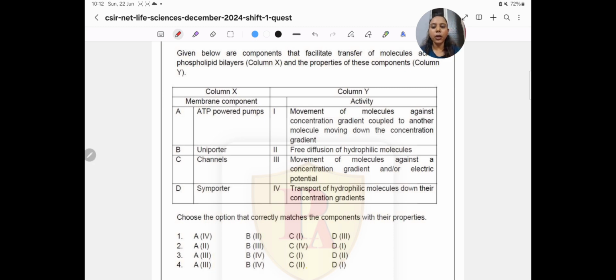Before we start, you only have to know one thing: we have two types of transport within our cell. Passive transport, where we do not utilize energy, and where we have to utilize energy, that is active transport.